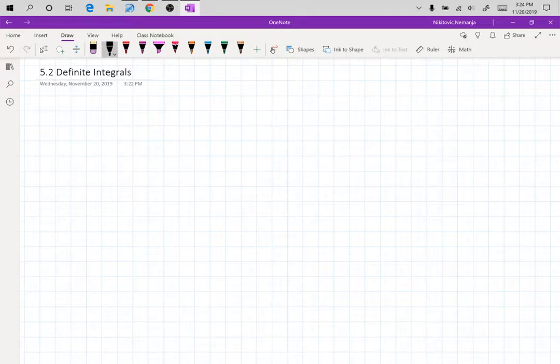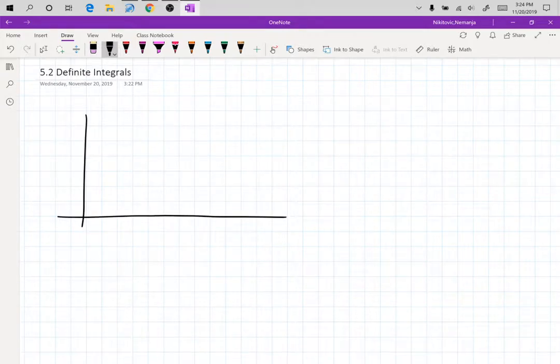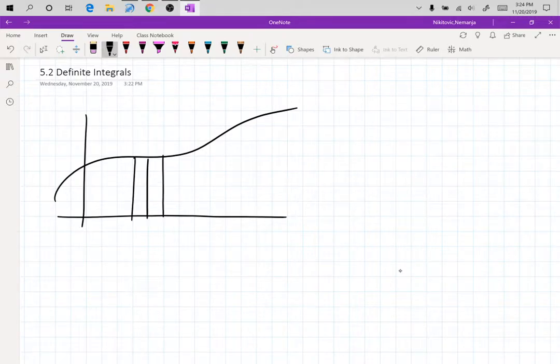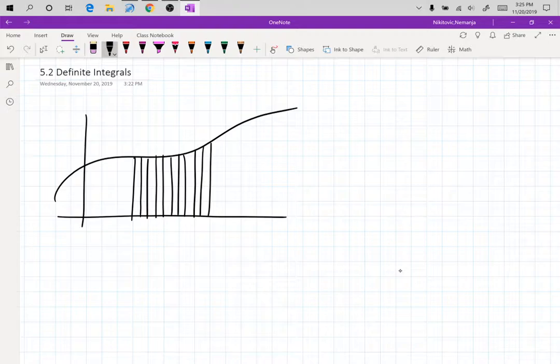And the idea was to, for a given function, make a couple of rectangles, and then keep subdividing those rectangles into thinner and thinner pieces between values a and b.